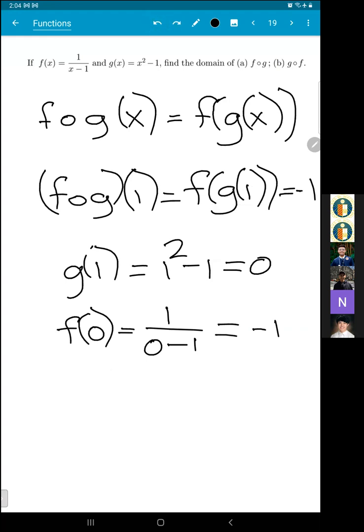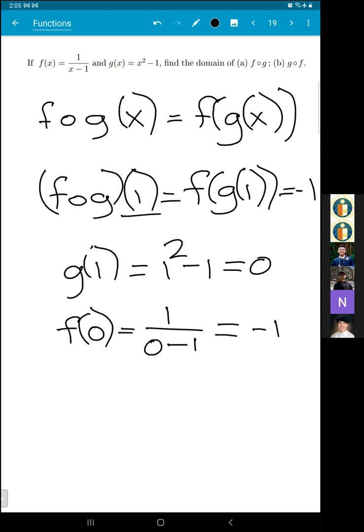Now let's get the expression or the formula for the function itself, f of g of x, not at a particular value like 1, but at a variable like x.